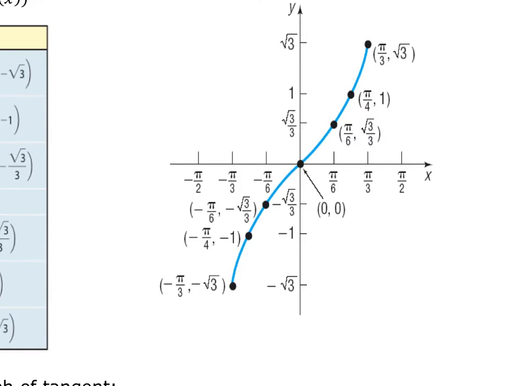And that's because I am dividing by cosine. So wherever cosine is 0 is where my vertical asymptotes are for my tangent. So this actually doesn't look like a wave. Looks almost like a cubic function. But it's not. It's the tangent.